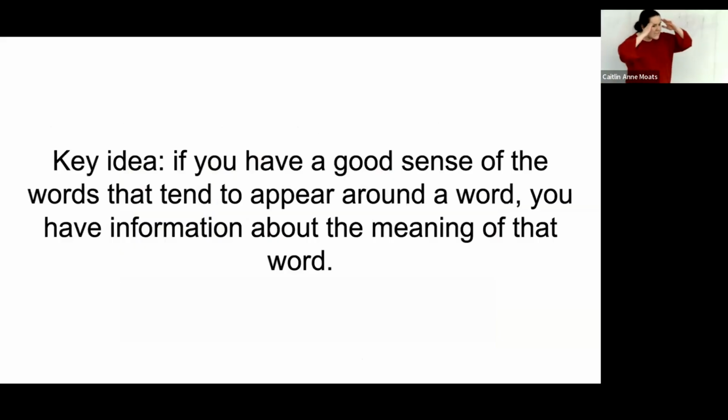So our key idea is, if you have a good sense of the words that tend to appear around a particular word in your vocabulary, you actually have information about the meaning of that word. That's going to be the core idea that we're going to use as a starting point for converting words into something that's numerically based.